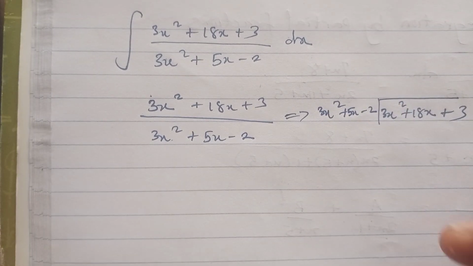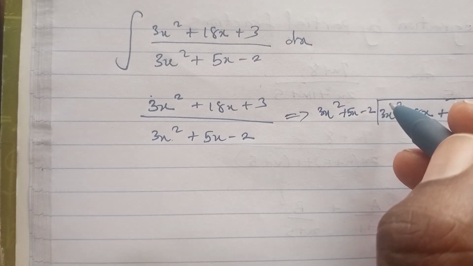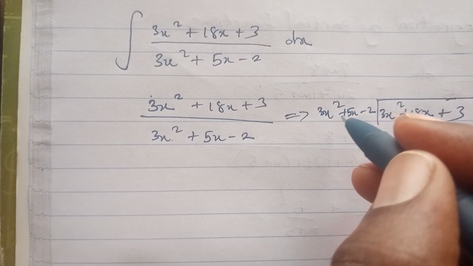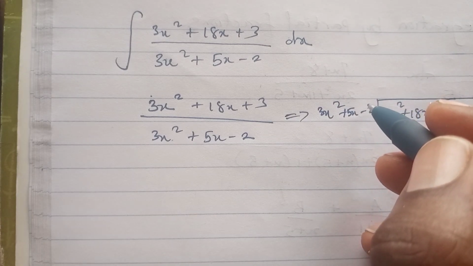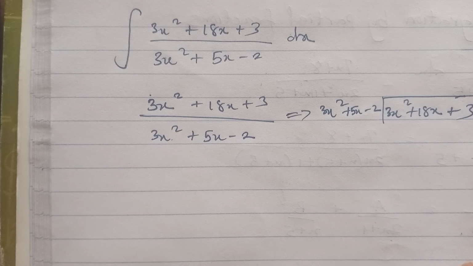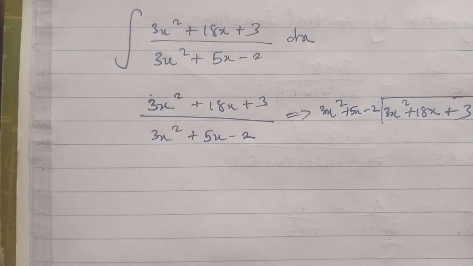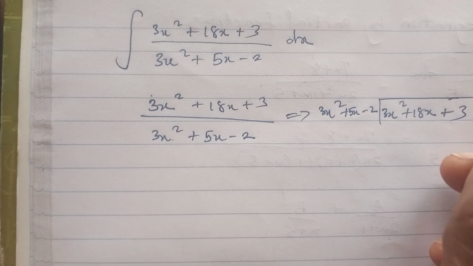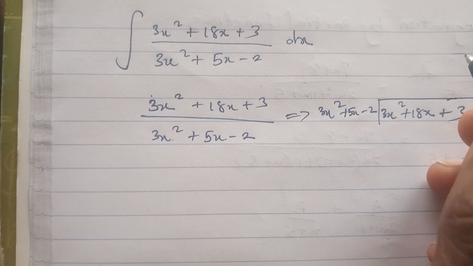So let's start our division. Take the first one, 3x squared divided by 3x squared. Please, your knowledge of long division of polynomials is needed here. If you are not clear with long division of polynomials, please let me know in my comment section so I can do a class on that as well.